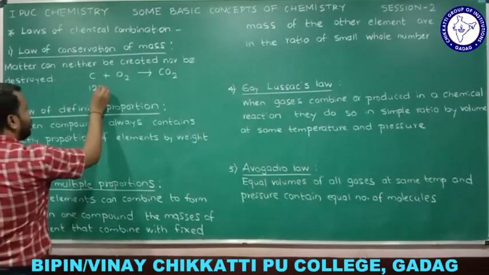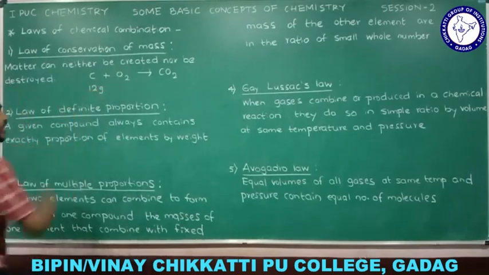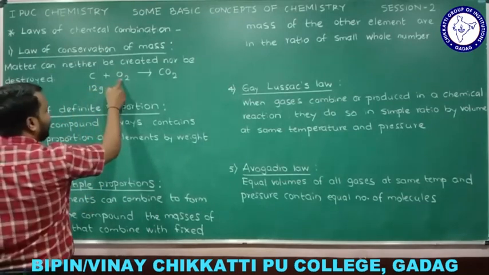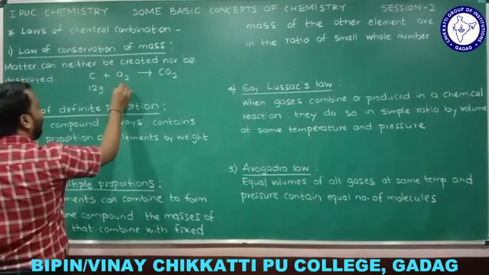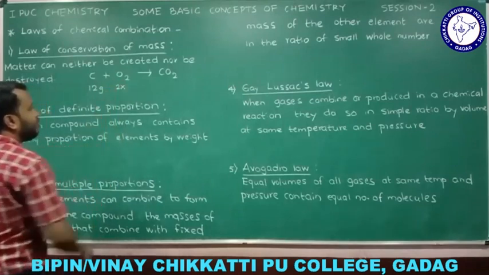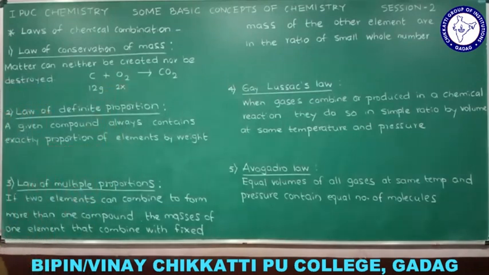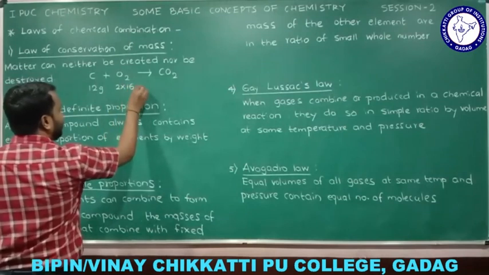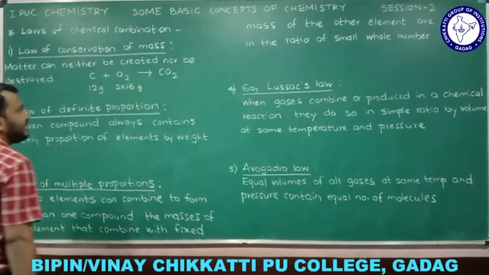Let us assume 12 grams of carbon we have here. So now we'll see oxygen. So oxygen, how many oxygens we have? We have 2 oxygens. Okay, atomic number of oxygen is 8 and atomic mass will be 16. Okay, so 2 into 16 grams we have.